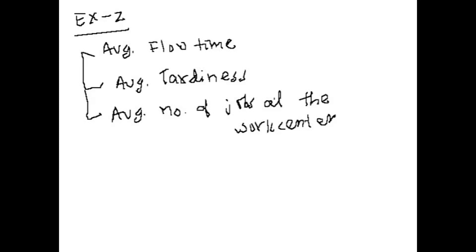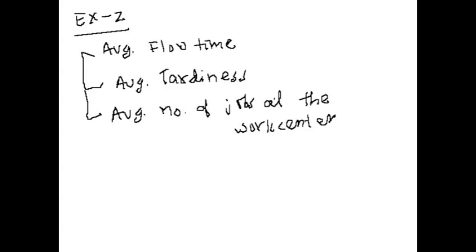Then you pick the one that gives you the lowest value. Obviously, average flow time should be lower the better. Similarly, tardiness, lower the better. Average number of jobs at the work center, lower the better. So using that, you can find out which rule provides the best solution.